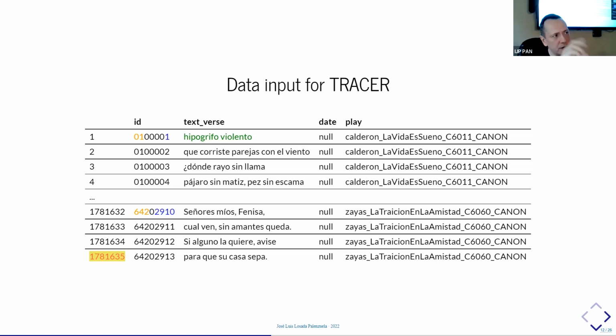I also tried the package in R, and the R package can cope with that, but Tracer can without a problem. These units of comparison are verses, and the ID is the first 2 or 3 numbers of the play, and the last numbers of the ID are the line verses.